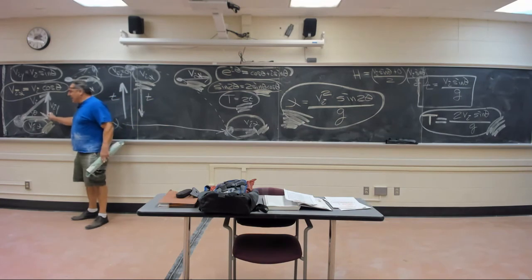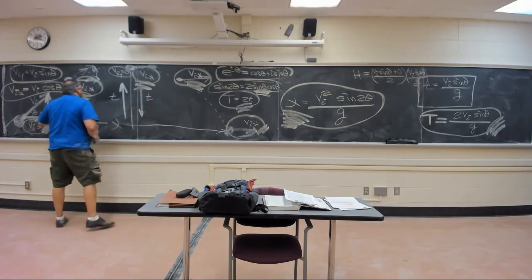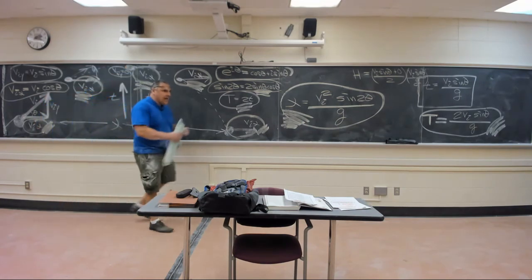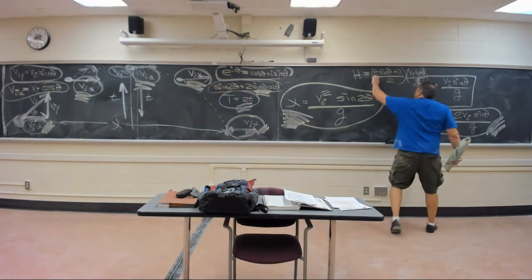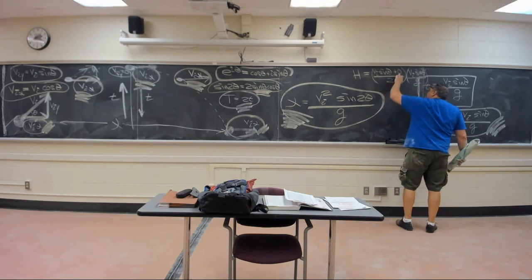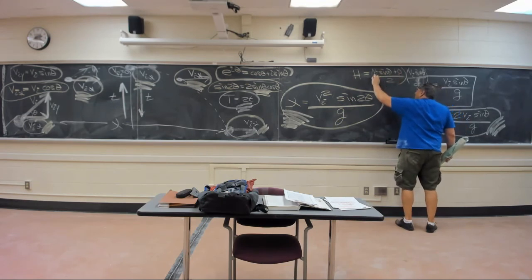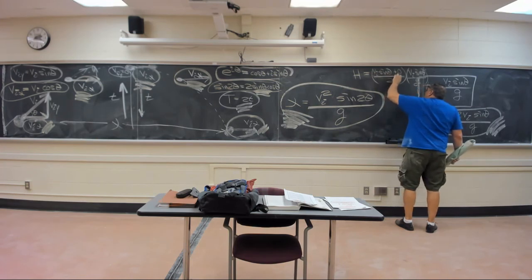VIY is a lot. It's a big arrow. There's no arrow up here. Let's average the two arrows. It's a constant acceleration. VIY is VI sine theta.